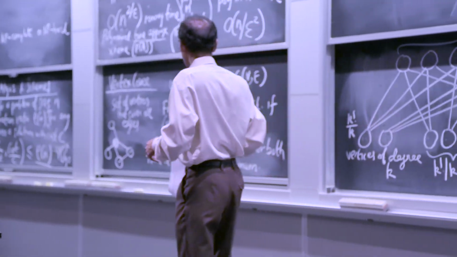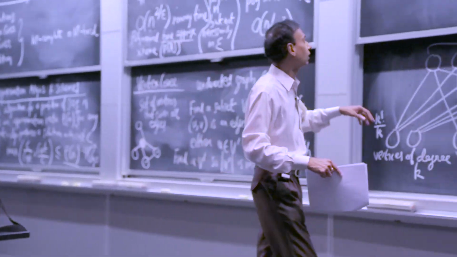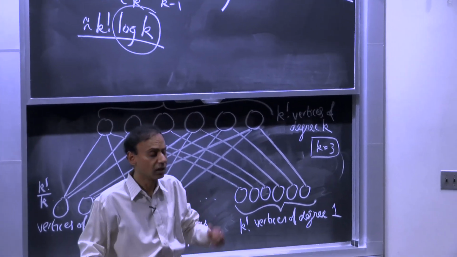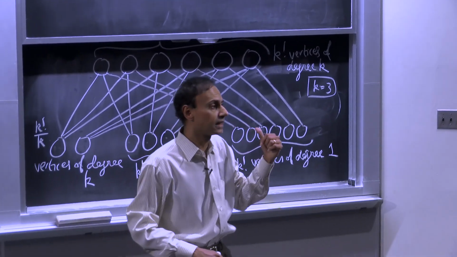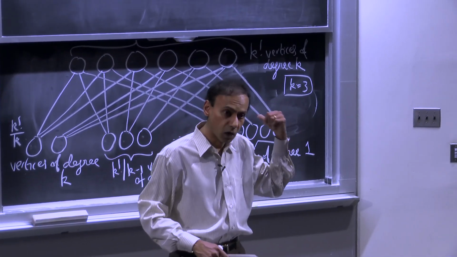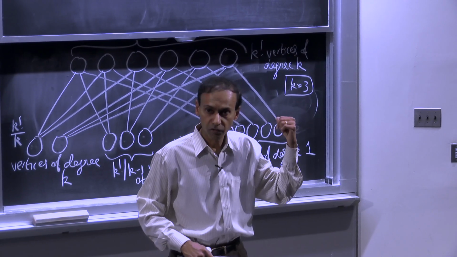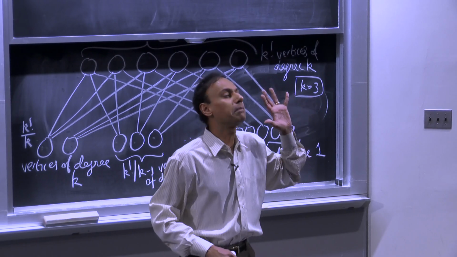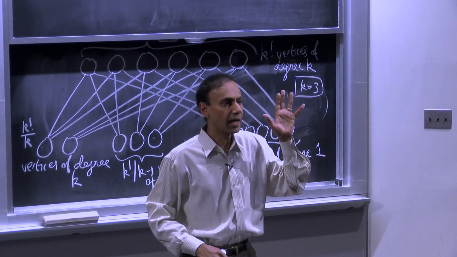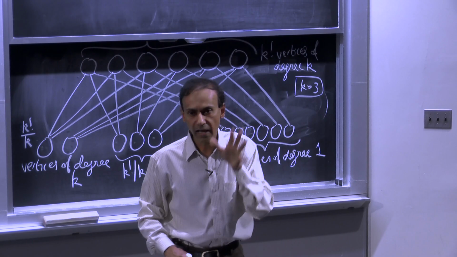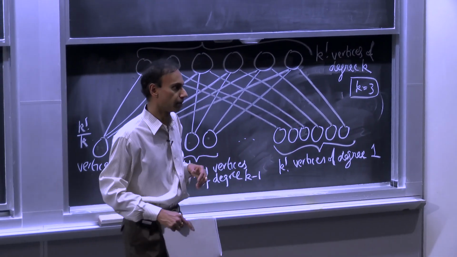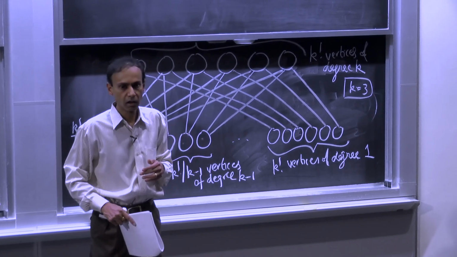I've just shown you that there is an example where you have this log k factor, but we haven't done a proof that there's no worse example than this one. So I'm just claiming at this point that this is at best a log k approximation algorithm. We haven't actually shown that it is in fact a log k approximation algorithm. At best it's that.